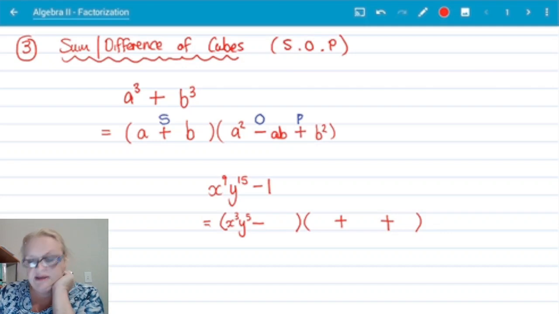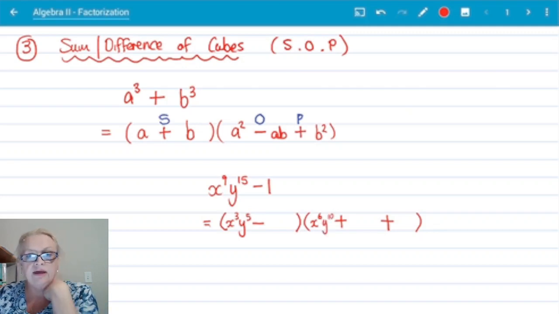Then I immediately will go and square that in the first position. So x cubed squared will be x to the 6, and y to the 5 squared will be y to the power of 10. Okay? Notice that if I multiply x cubed y to the 5 with x to the 6 y to the 10, I still need to be able to come out with this very first term over here.